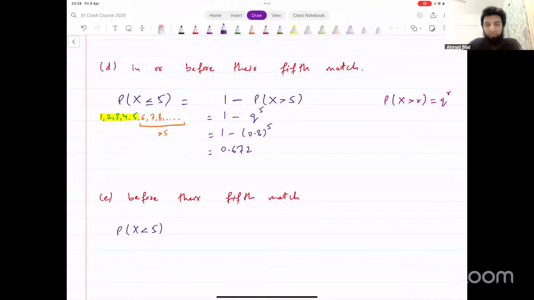A geometric distribution basically stops when you have your first win. So if the first win comes in the second match, let's say, we're not saying then you go on and lose the third match, lose the fourth match, lose the fifth match. It's not like that. When you get the first success, the distribution stops there. You don't go any further than that.